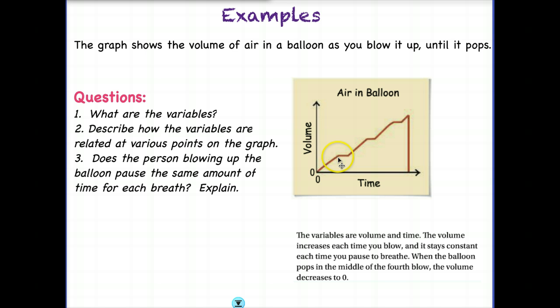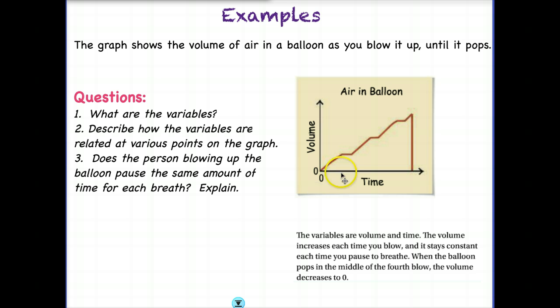It goes up and then changes steepness. And then again here, it changes steepness again, and so on, all the way up to here. And then what is going on between here and all the way down here? So that's what we are going to be describing. And then our final question, does the person blowing up the balloon pause the same amount of time for each breath? And explain how we know that.